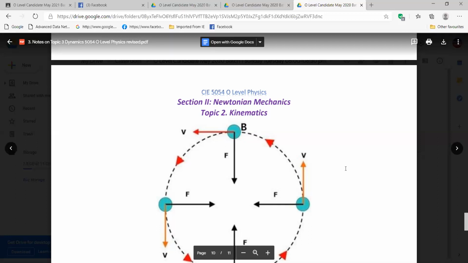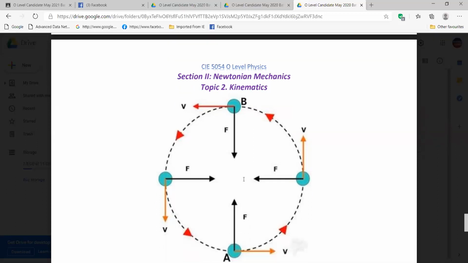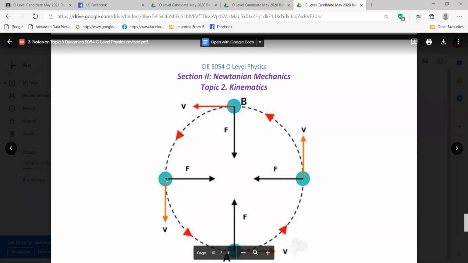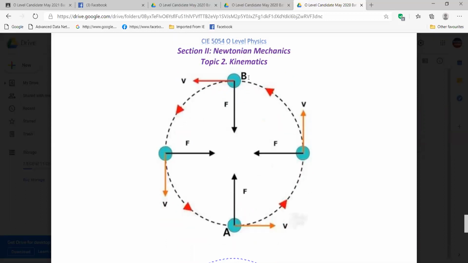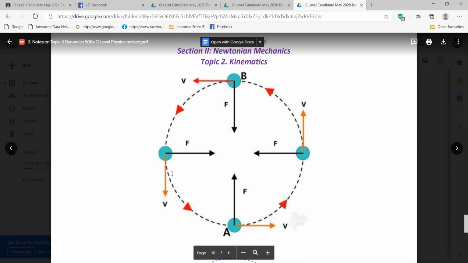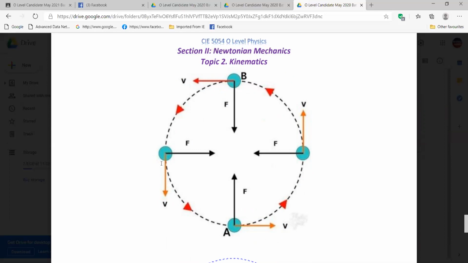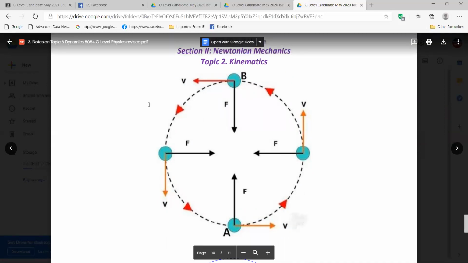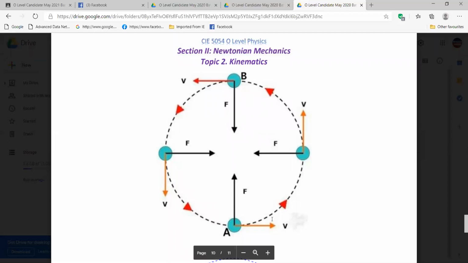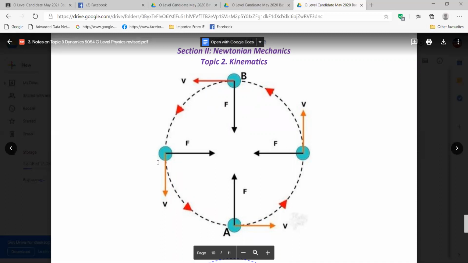If you leave the stone here, it will go in this direction. We never call it velocity for the whole motion, only for an instant, because it is always changing direction. That's why we say it is speed, since the velocity is always changing.